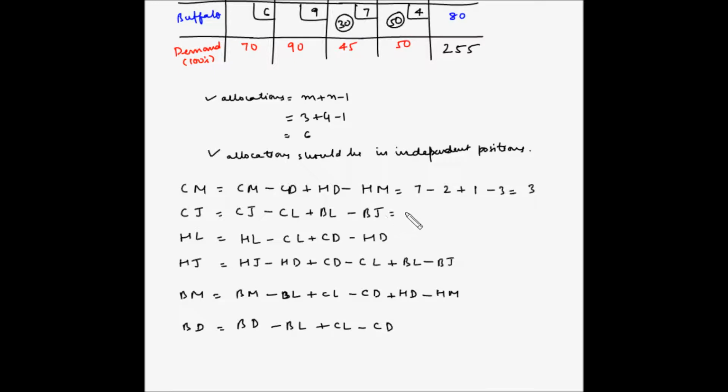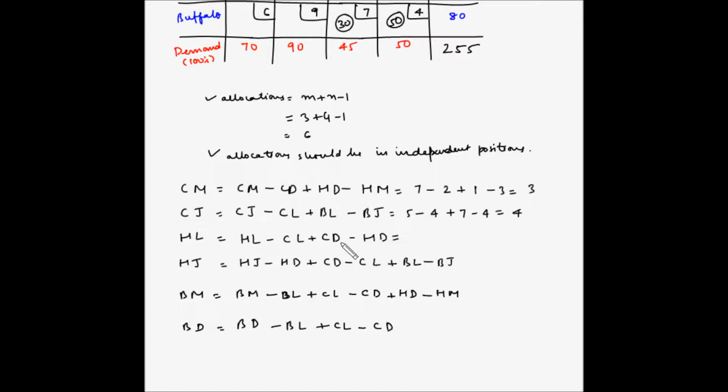For the next one, Cj. So Cj is 5 minus Cl is 4 plus Bl is 7 minus Bj is 4. 5 minus 4 is 1. 1 plus 7 is 8. 8 minus 4 is 4. For the next one, HL.